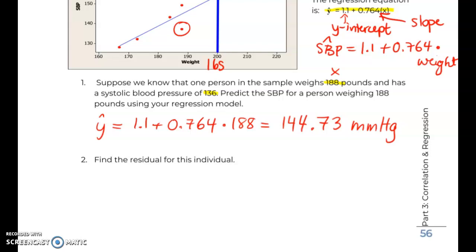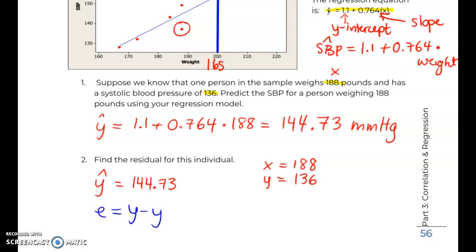Then it says find the residual for this individual. We already said that x was 188 pounds, our y value was 136 millimeters of mercury, and we calculated our y hat, which was 144.73 millimeters of mercury.